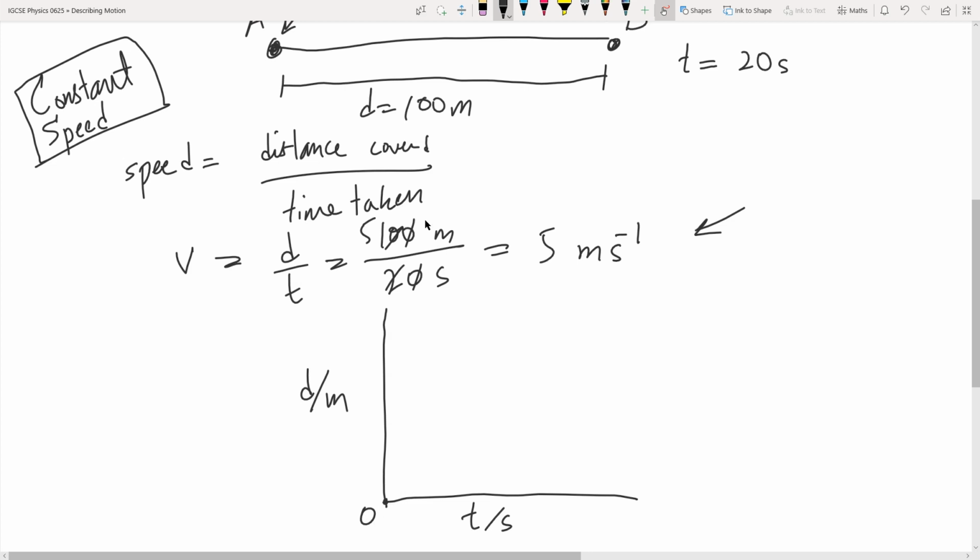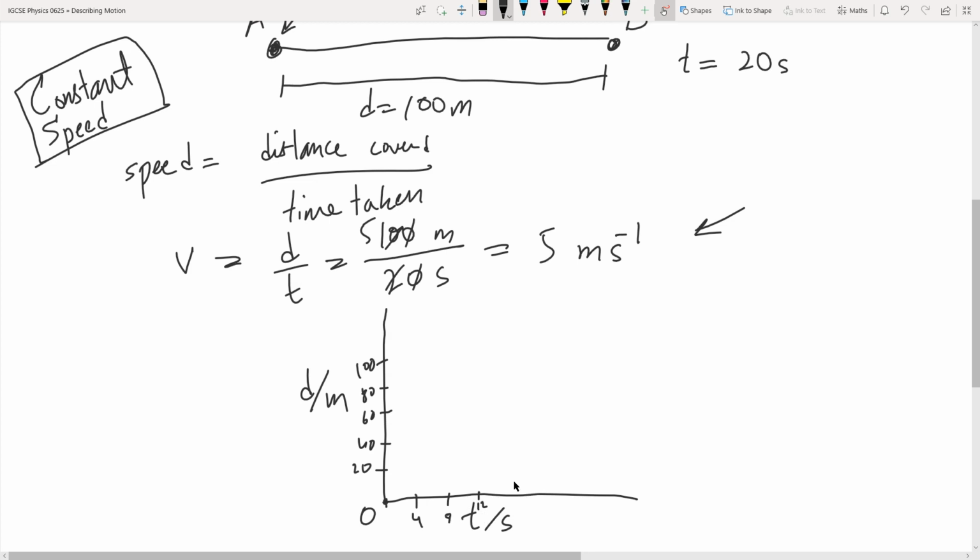Let's say I divide 100 meters into 20 meter brackets: 20, 40, 60, 80 and 100. And I divide the time in similar intervals, in portions of 4 seconds: 4, 8, 12.